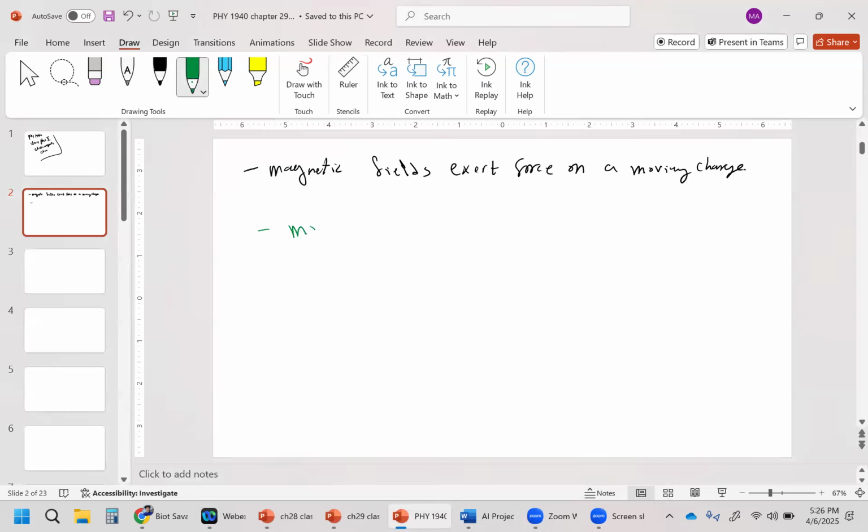Now, this moving charge, which is your current, can create a magnetic field.